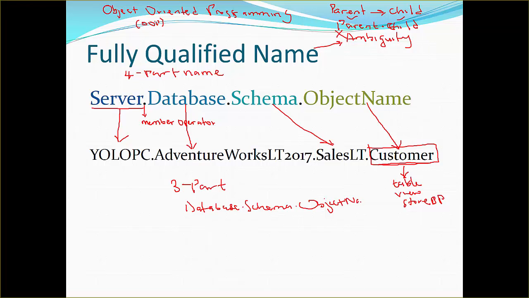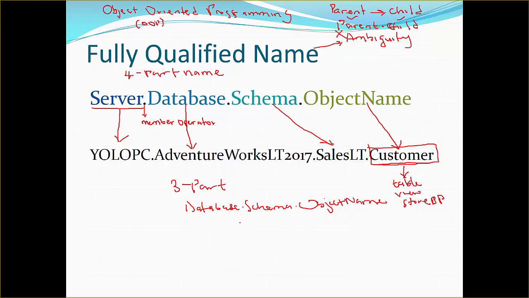It's a given that before you can access any object, you are already on the server, so most times you can exclude the server name, and that gives you a three-part name. So we could have gotten by saying AdventureWorks LT 2017.sales LT.customer.